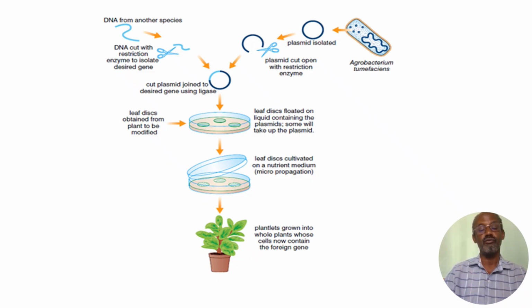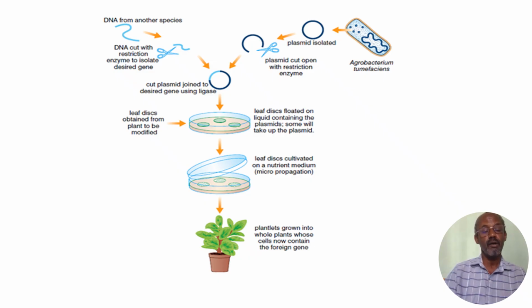When you break down those callus cells which have received the gene from the bacterium plasmid into pieces and transfer them into fresh medium, each will grow into a plantlet.